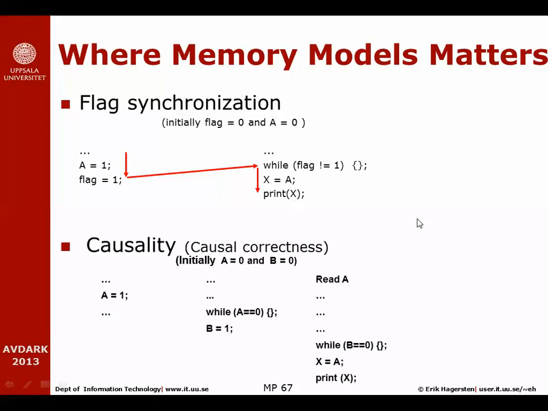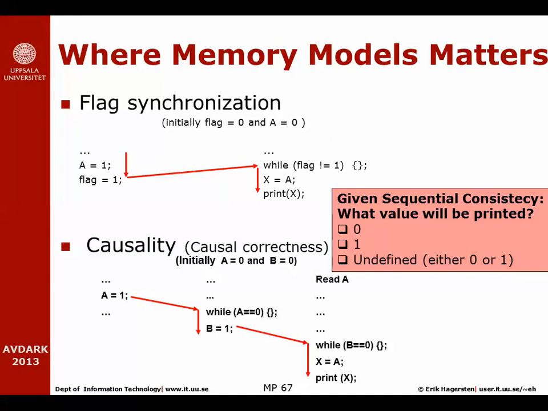How about this? The causal correctness problem. Once more, assume here that we have sequential consistency and we have this kind of order. And I put the question, given sequential consistency, what value will be printed? Once more, we print the value 1. Why is that? Because sequential consistency says that there is a global order that cannot contradict the order you get if you take the value order and the program order.